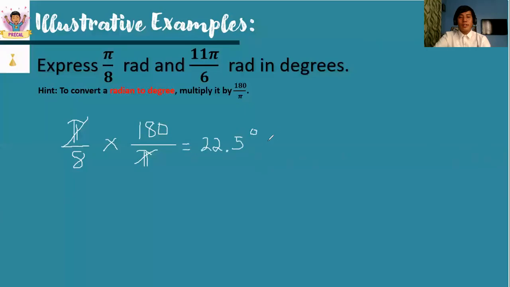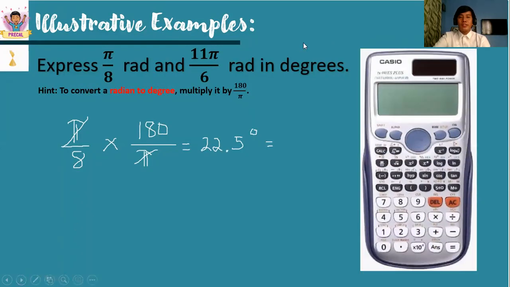degrees. However, in your modified assessment, you're instructed to convert 0.5 degrees into degree, minute, second mode. You can actually use the calculator by clicking this part. If you have a Casio fx-991ES Plus, there is a function in the calculator with a symbol like this.